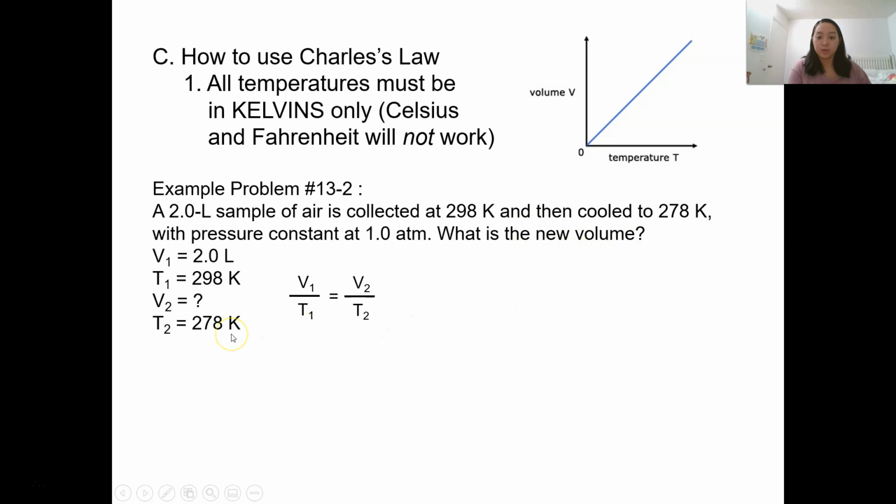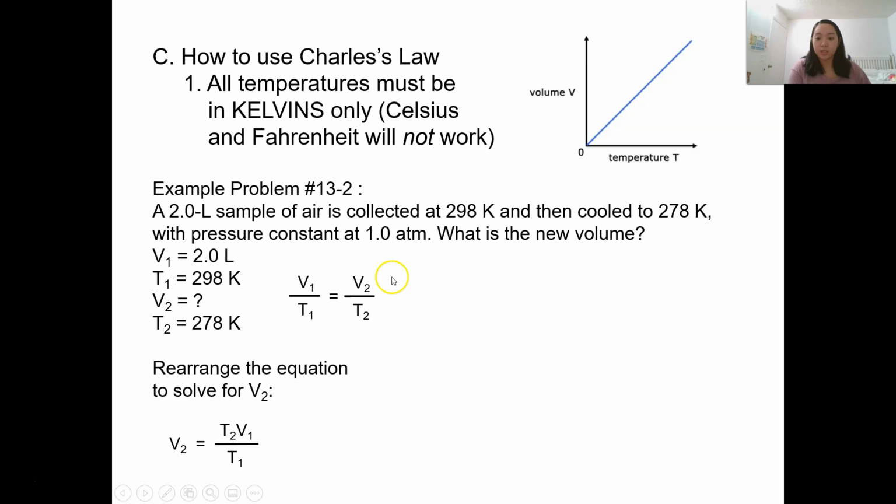T2, the other variable in our equation, is given to us right here when it says then cooled to 278 Kelvin. That's our T2. Now, since V2 is what we're looking for, you can rearrange this equation to solve for V2. You do that by multiplying both sides by T2.